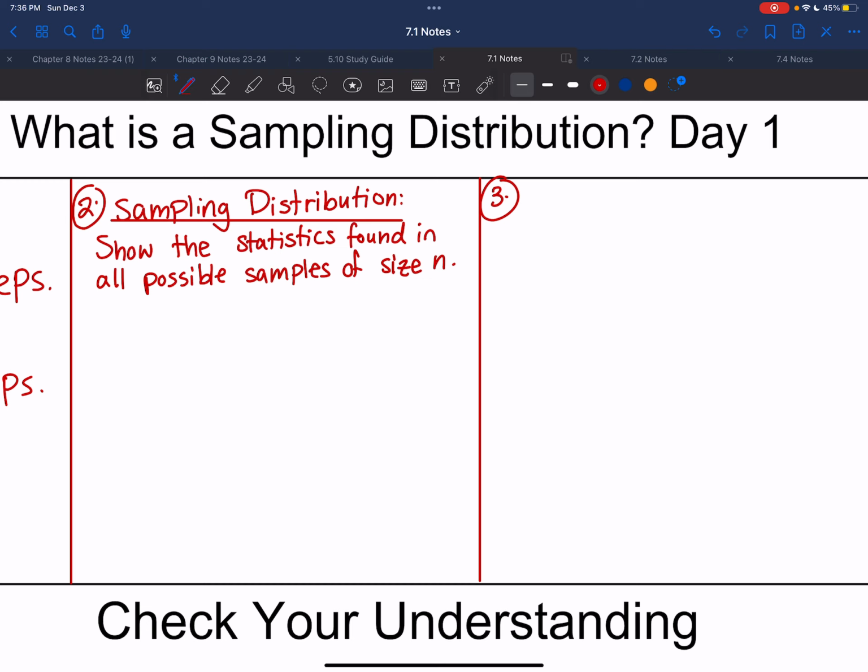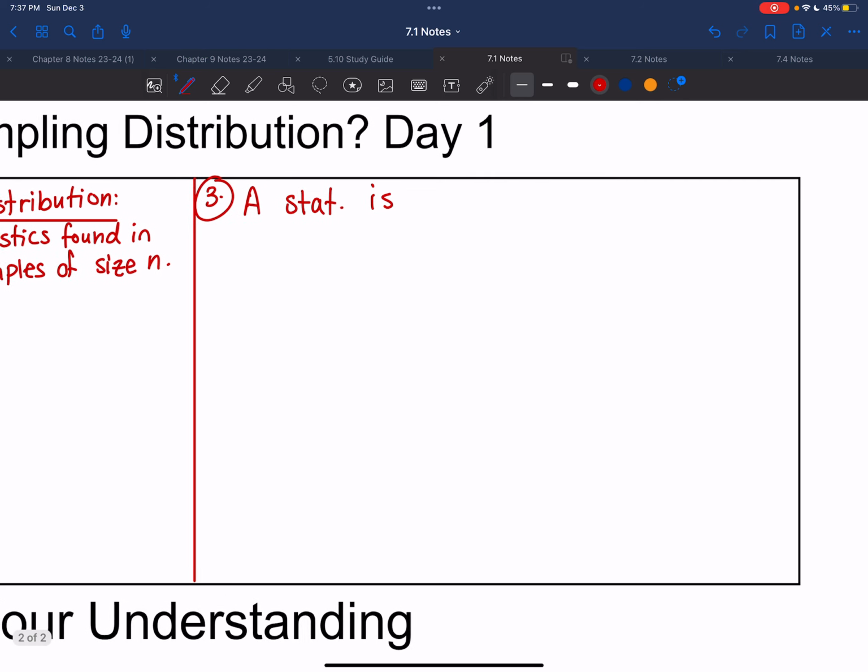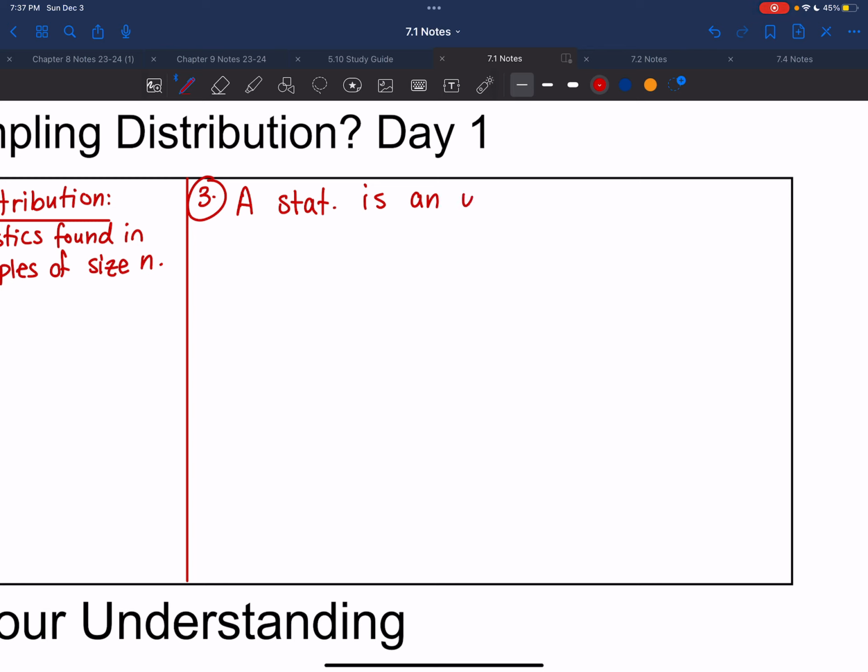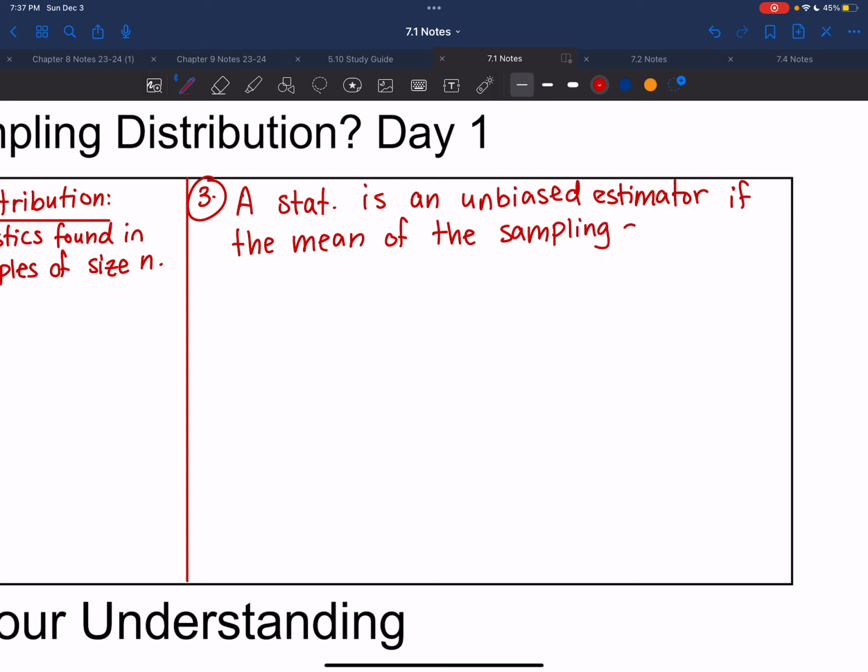The first is that a statistic is an unbiased estimator if the mean of the sampling distribution equals the parameter.